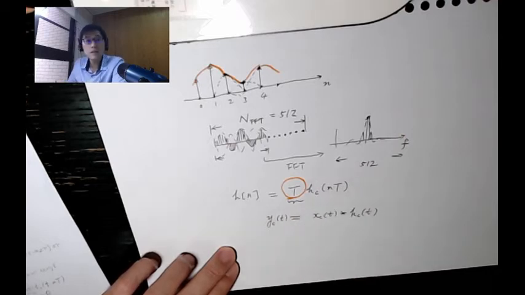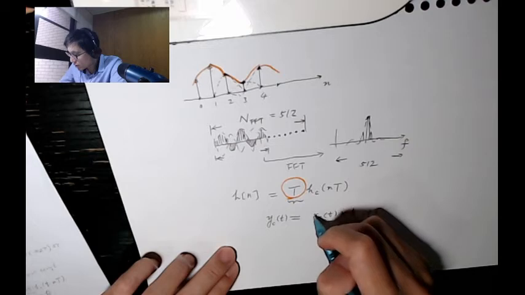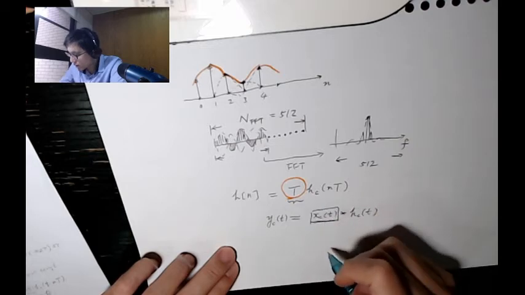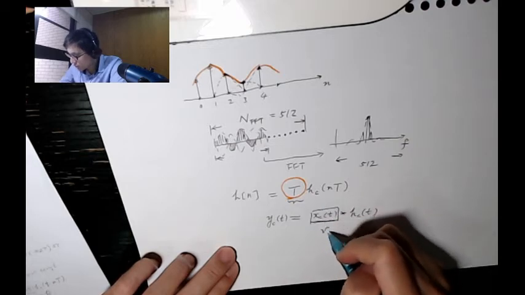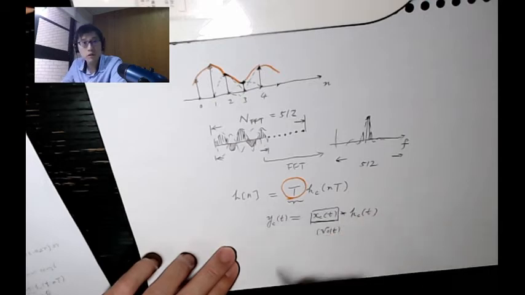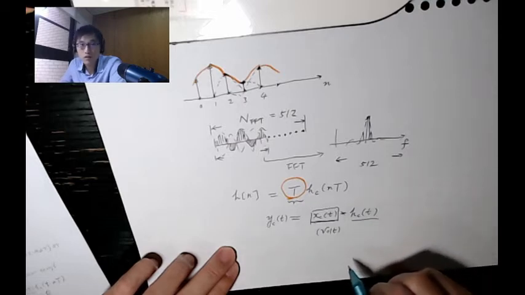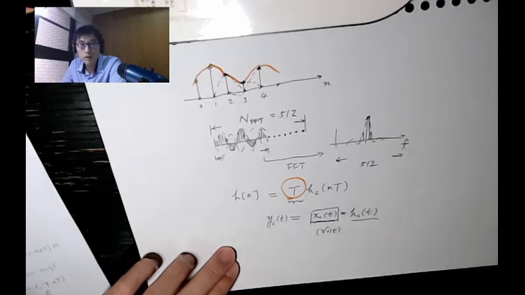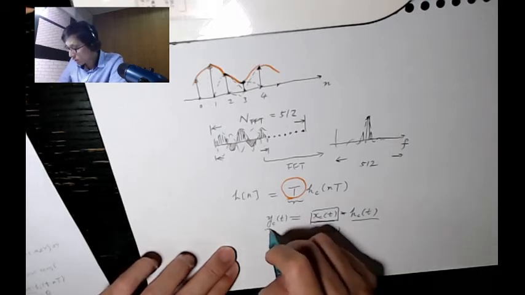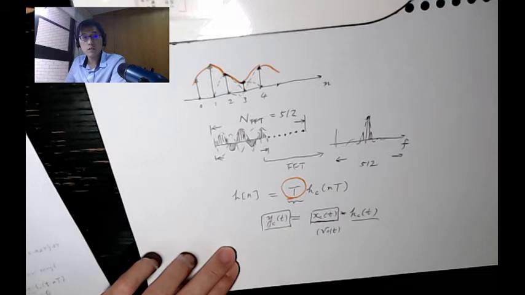If I ask you, for example, if x has a unit of volt, right? Electrical potential, voltage. Okay, if x is the voltage and h has no unit, h is just 1, 2, 3, 4, 5, a scalar. Then my question is: have you ever thought about what's the unit of y of t?